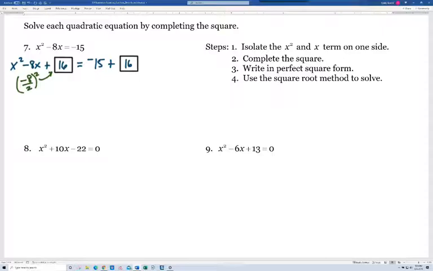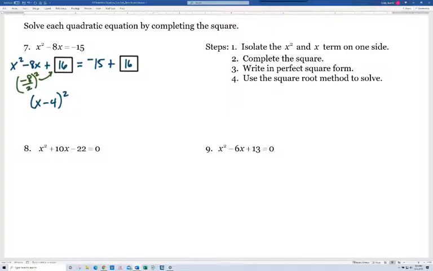So it's kind of strange. It's almost as though we made the equation more complicated looking, but here's the reason why we did it. We can write the left side as a perfect square. Remember, it's now a perfect square trinomial. We made it that way. And now we can write it in perfect squared form. It'll be x minus, remember, half of the middle term, so minus 4 quantity squared.